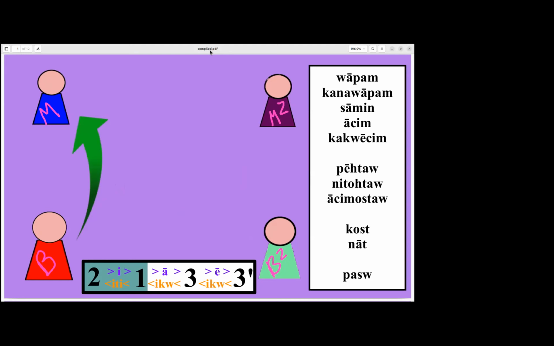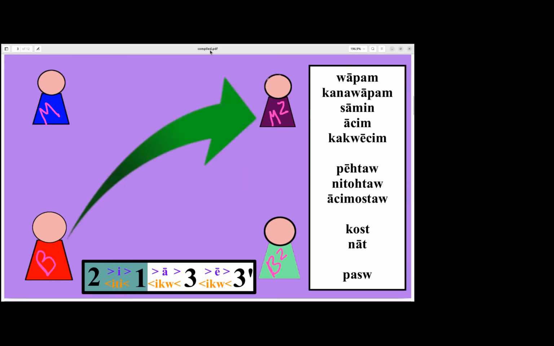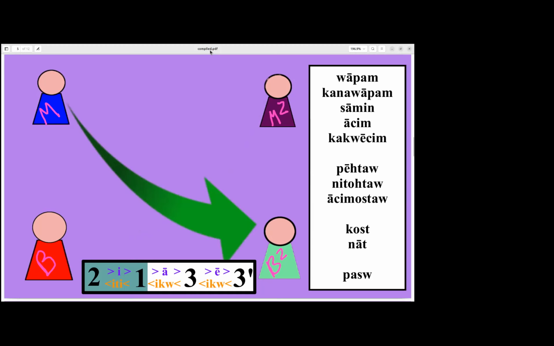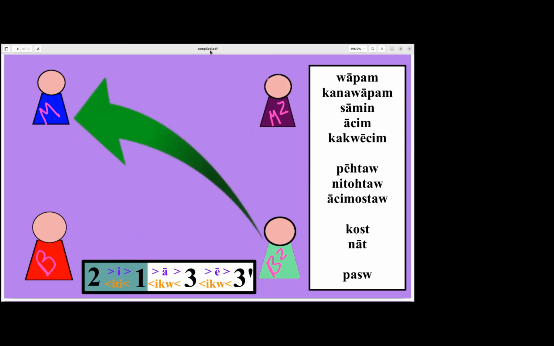Iwapamiyan or Iwapamin. Iwapamitan. Iwapamat. Iwapamit. Iwapamisk. Yeah, 3S to 2S. Iwapamak.